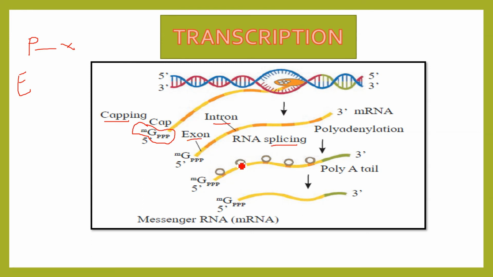So via splicing or spliceosomes, the intron is removed and the exons are joined, and finally you have the poly A tail, that is the continuous adenyl tail at the end. So what you get at the end is the capping at the 5', then in the center only the exons, and then the poly A tail, and this is called the messenger RNA, or the mRNA.